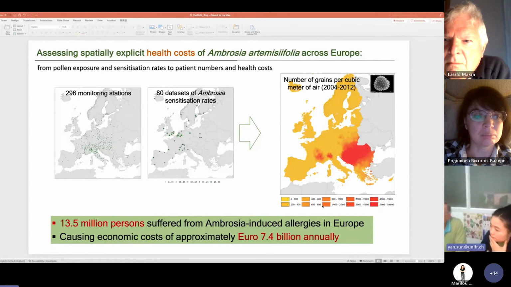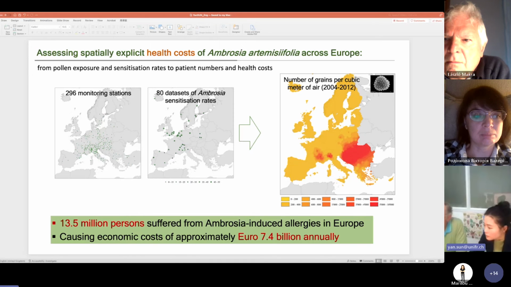And I see Victoria, you know better. We checked very well that ragwort and Ambrosia can be taken phenologically apart, and that really helped to be as precise as possible to come up with sensitization rates.